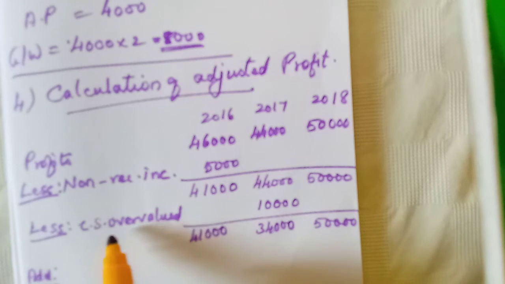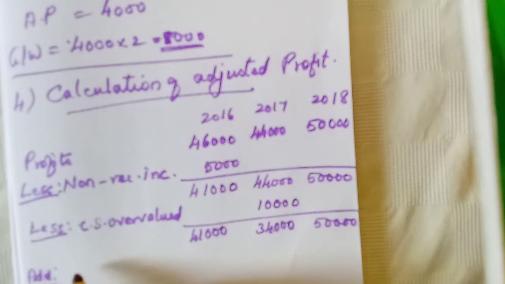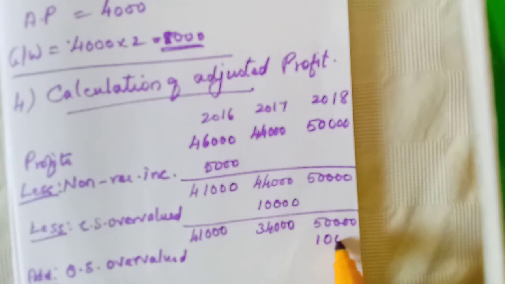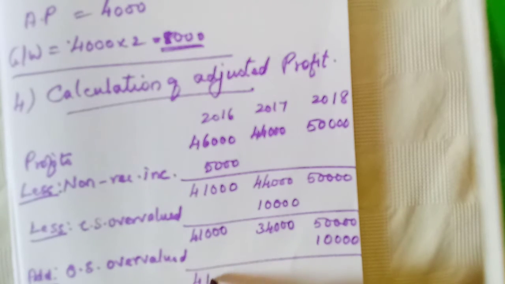Here the closing stock is overvalued, and next year the opening stock is overvalued, so we add it to this year's profit. 34,000, 60,000. Now we have got the profits.